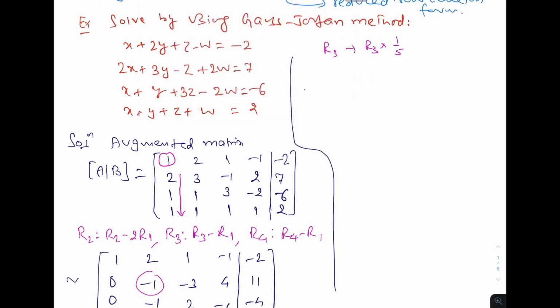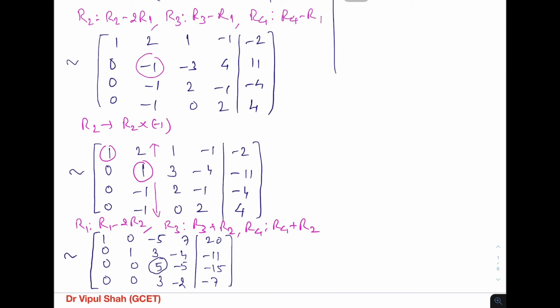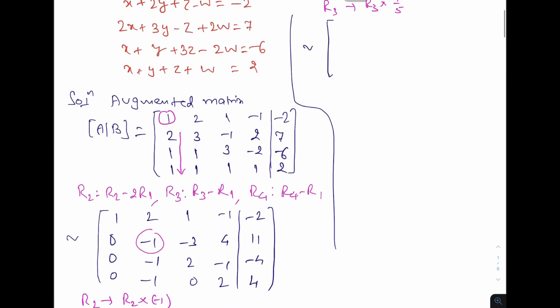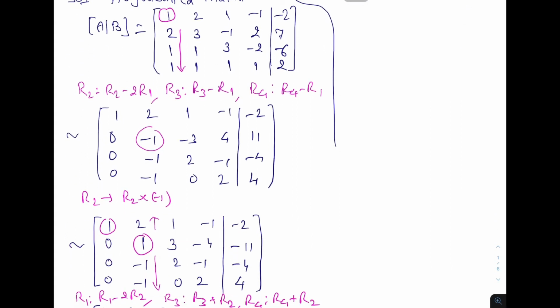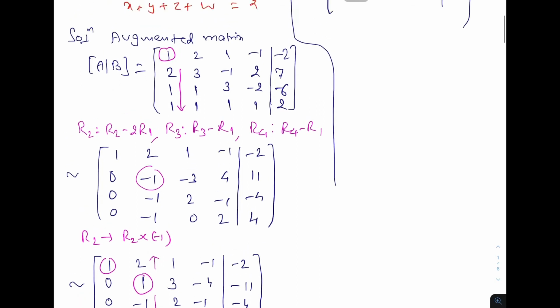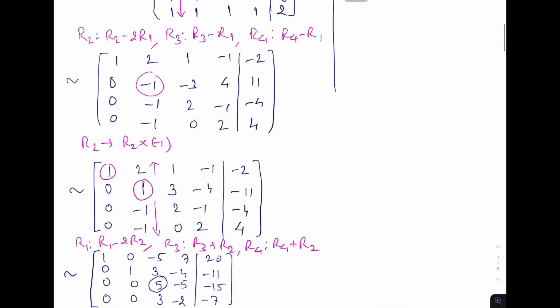So we have now first row 1 0 minus 5 7 20. Second row 0 1 3 minus 4 minus 11.